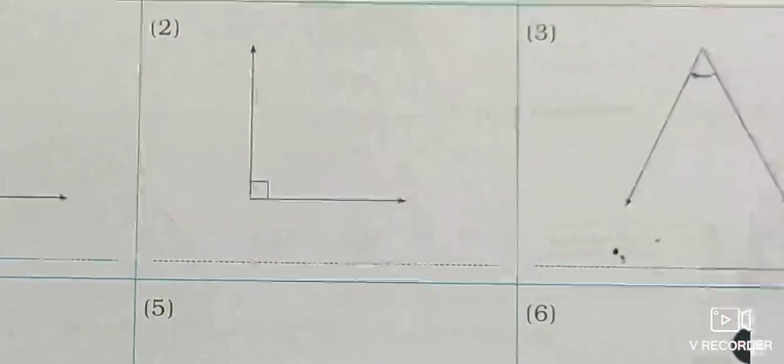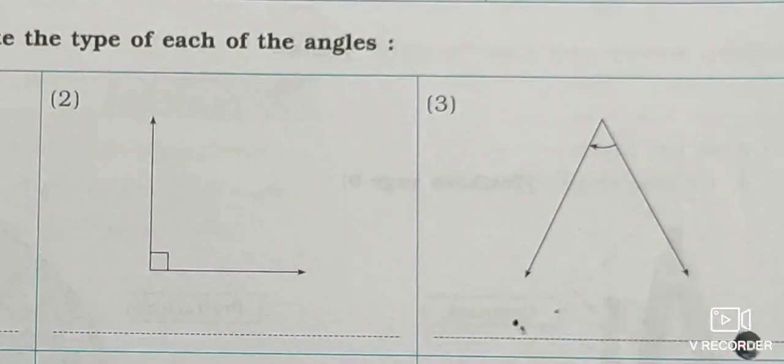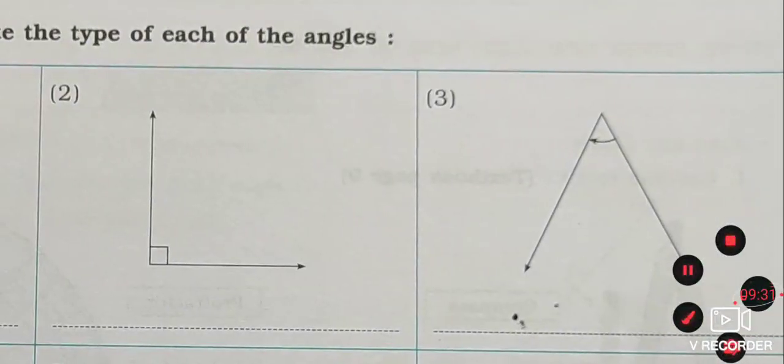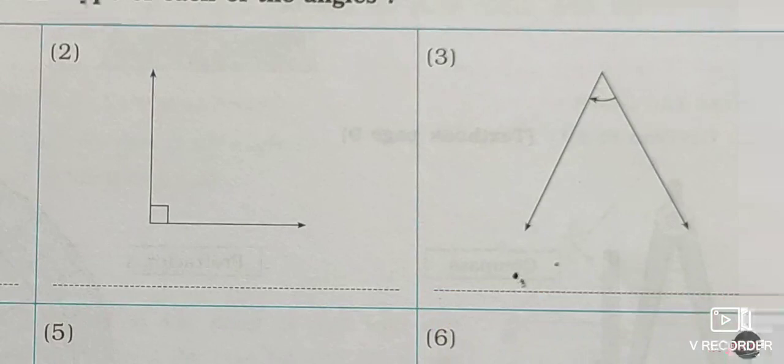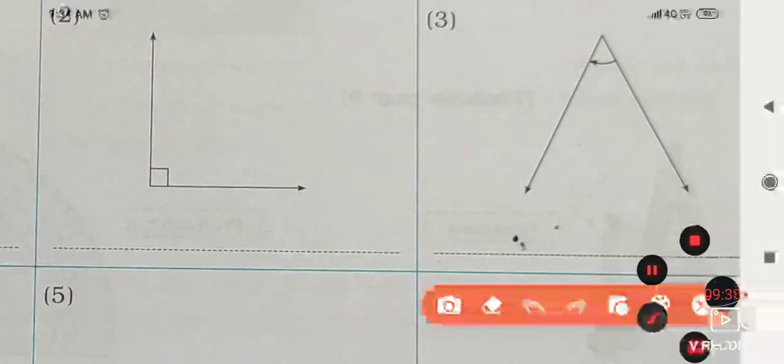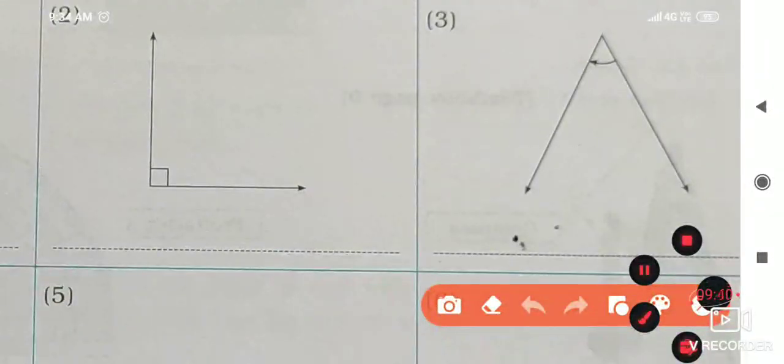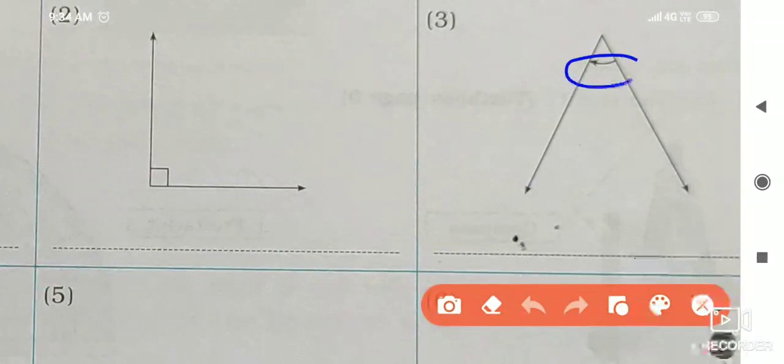Now the third. Whenever you are identifying a type of angle, what we have to check is where the mark of measure is given. In this picture the mark of measure is here, which means we have to measure from here to here, and if the mark is here instead, then we have to measure this angle.